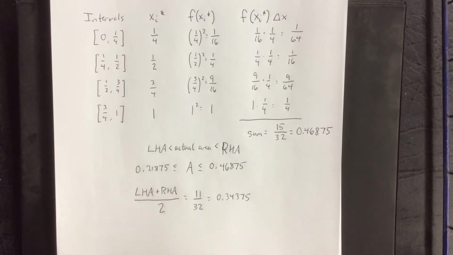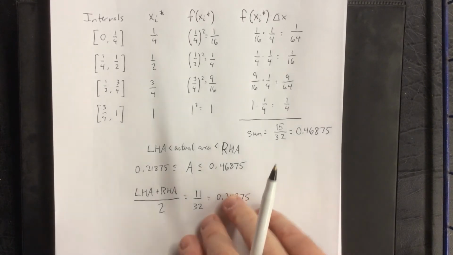Now, of the three calculations that we just did, this one is probably the best approximation that we did. Now, with that in mind, the book also says that there are better ways to approximate this area.